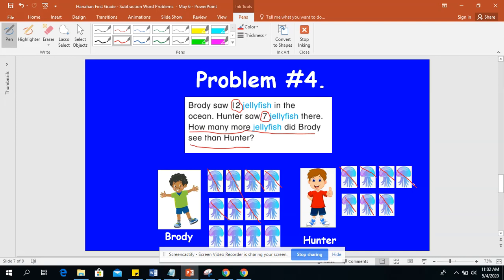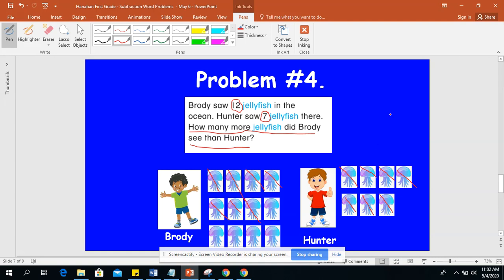So there are no more jellyfish that I can cross out on Hunter's side. We see that Brody has more. How many more does he have? Let's count. 1, 2, 3, 4, 5. So Brody saw 5 more jellyfish than Hunter.